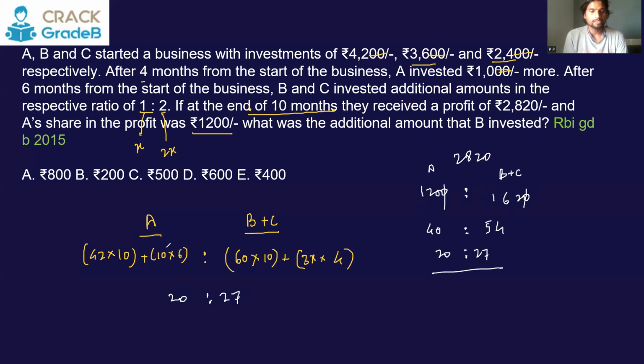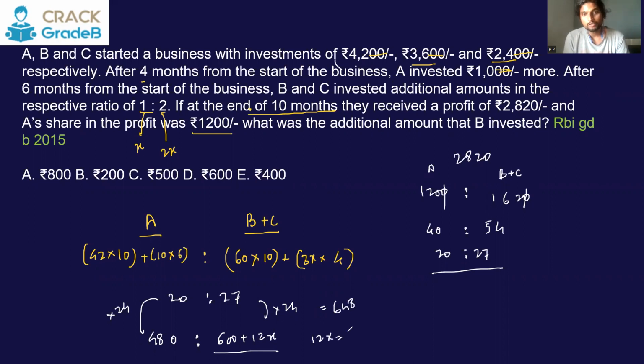Let's solve this. 420 plus 60. This is 480. This is 600 plus 12x. So we know if that is getting 24 times, this should also get 24 times. 27 into 24 will be 648. So this total should be 648.